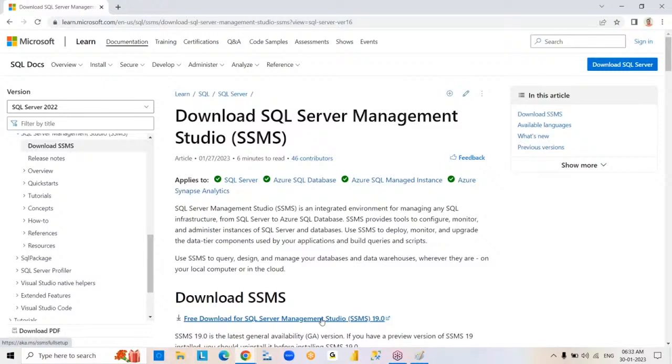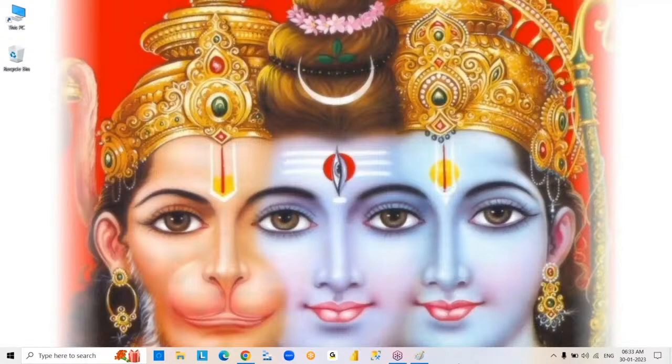And so after finishing this Management Studio installation, we are going to create database for practice purpose. So I will give you that database backup file.